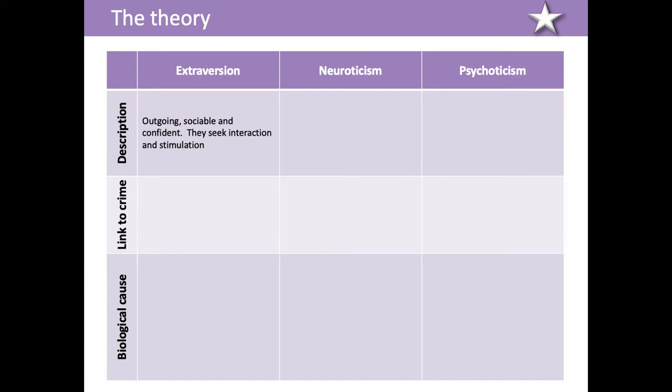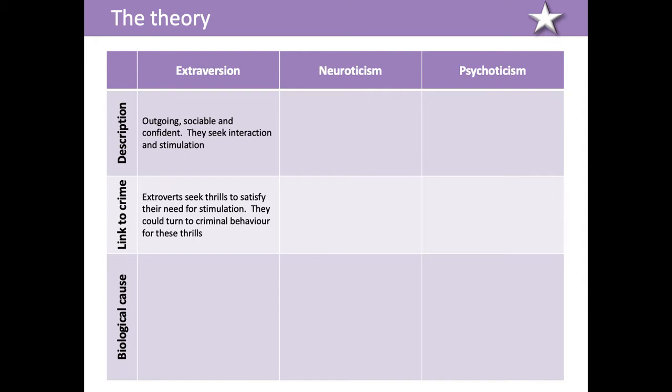Okay, now, this is fine until people start seeking that stimulation from criminal behaviour. When we were looking at this in class, we talked about the buzz that you might get from being at a party or doing an extreme sport.